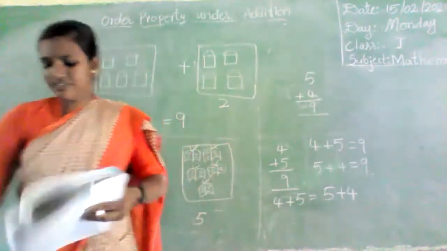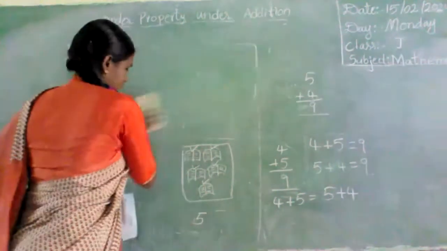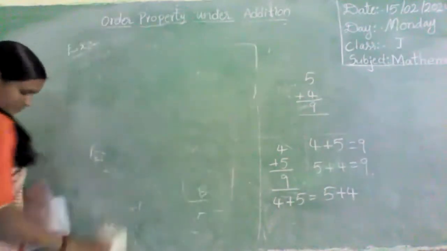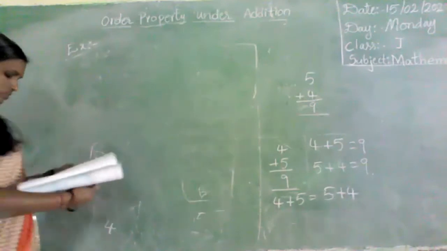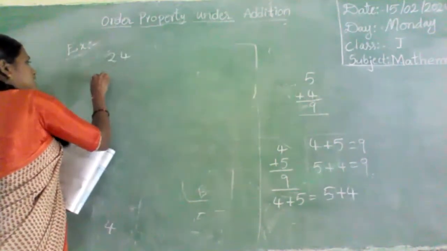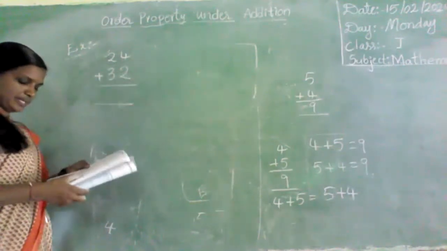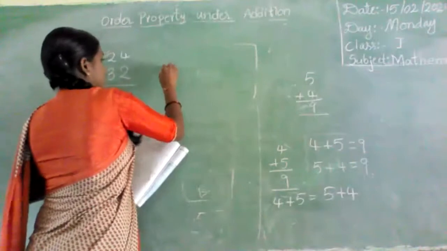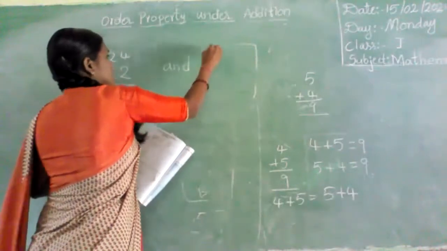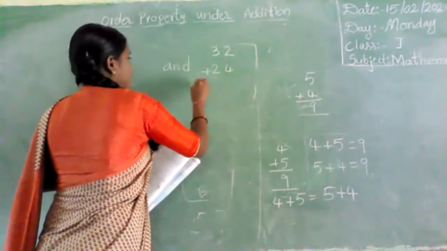Okay, let us see one more example. 24 plus 32 and 32 plus 24.